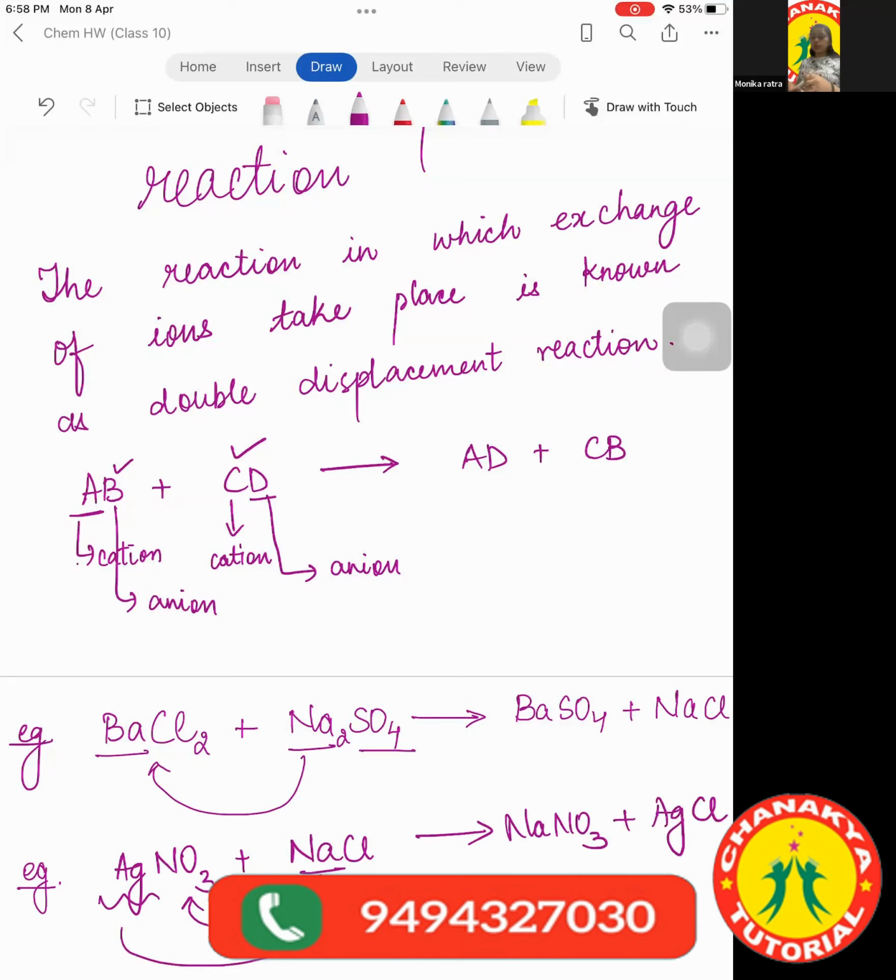Is it clear what actually happens in this reaction? The exchange of ions takes place in the double displacement reaction. Clear, children? Any doubts still here? Yes or no? Is it clear? What actually happens in the double displacement reaction?